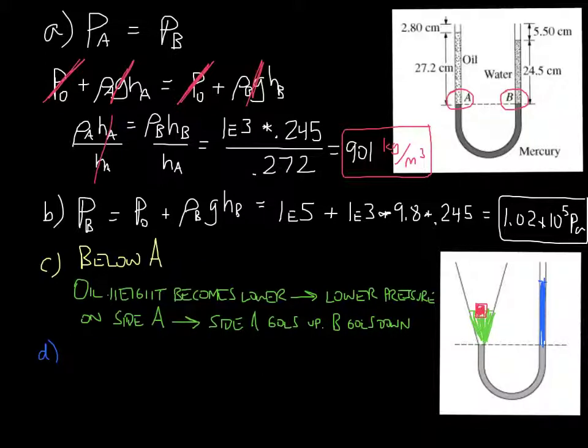First thing is, what does that do to the level of the oil? Well, since it is displacing the oil, that means the oil has to go up. So if the oil is going up, that means it's higher, which is going to lead to greater pressure on the bottom. So the answer to part D is that the pressure at the bottom of the tube increases.